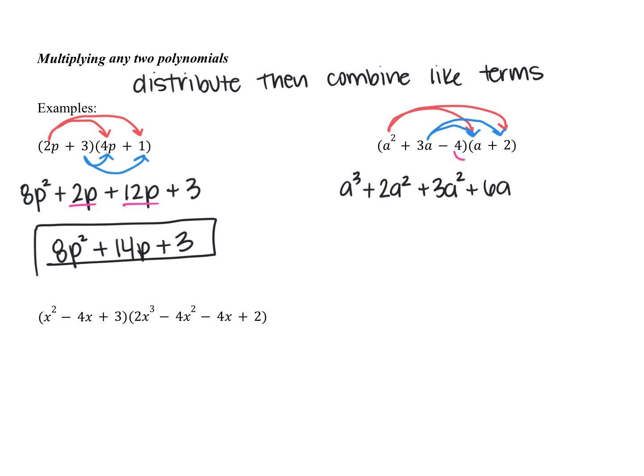And then lastly, I'm going to multiply negative 4 to both. So I get minus 4a and then minus 8. When it comes to like terms, we have 2a squared and 3a squared. And I also have 6a and negative 4a. So I end up with a cubed plus 5a squared plus 2a minus 8.